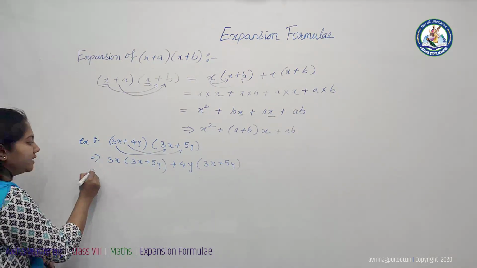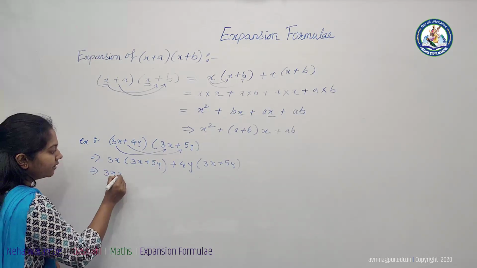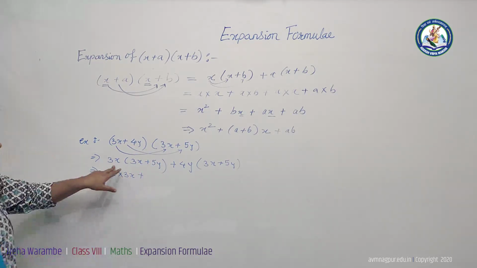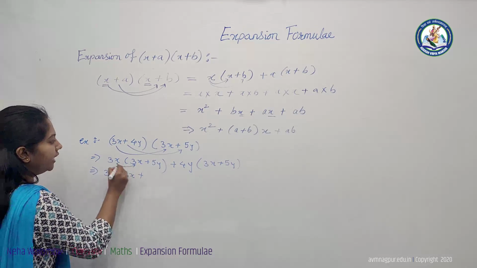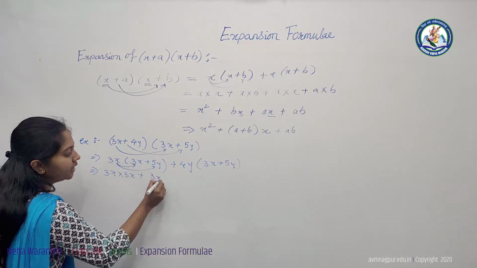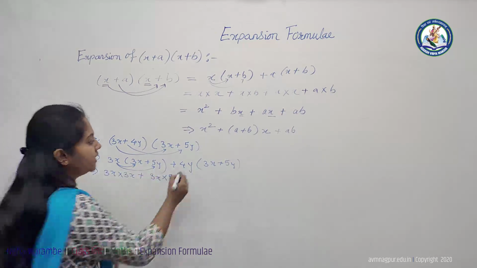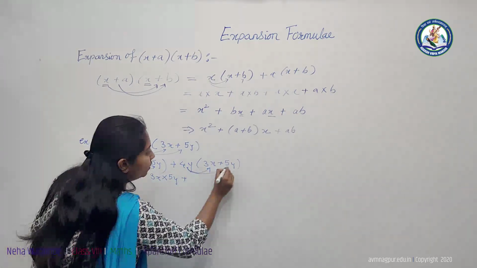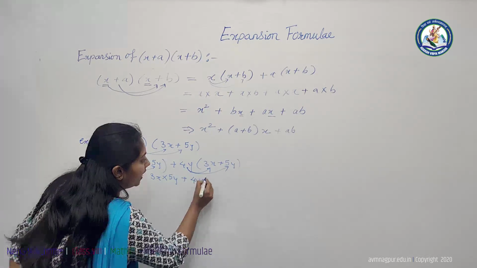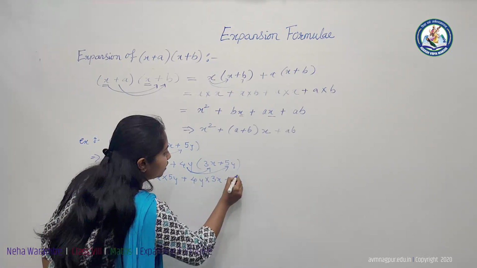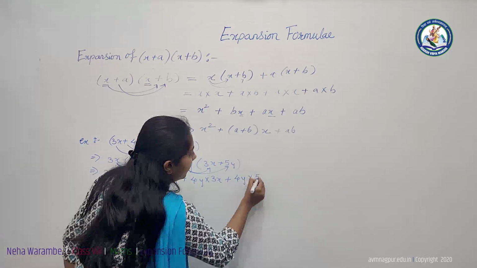Now multiply 3x into 3x plus 3x into 5y, plus this term into this and this into this, that means 4y into 3x plus 4y into 5y.